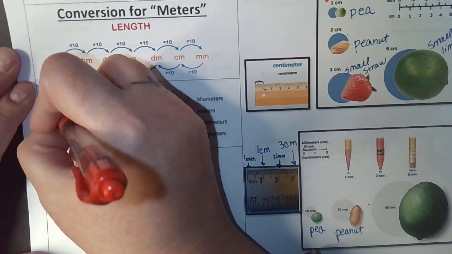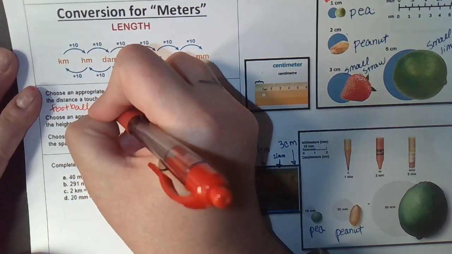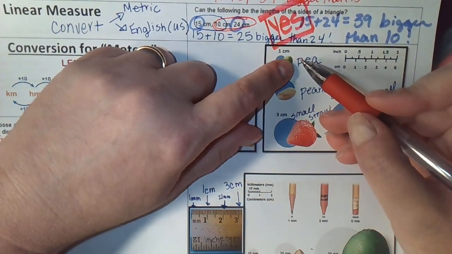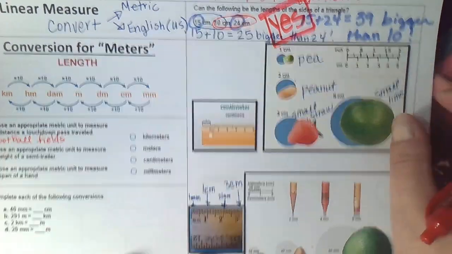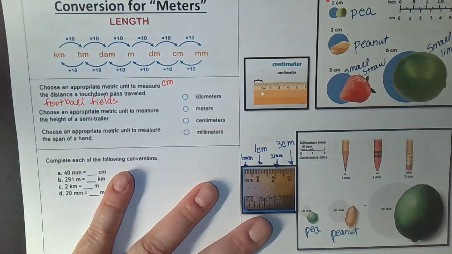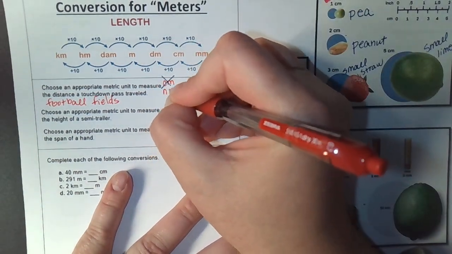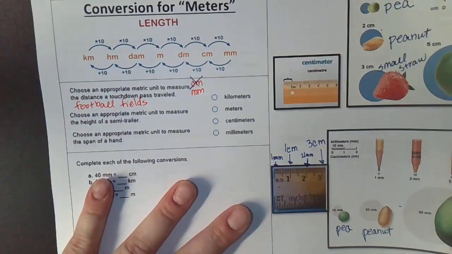Football fields are way bigger than this little green pea of a centimeter. That's like a bagillion green peas. So we're not going to say centimeter because a football field is too big. We're not going to say millimeter either because that's even smaller. That's one little tick mark on a ruler.